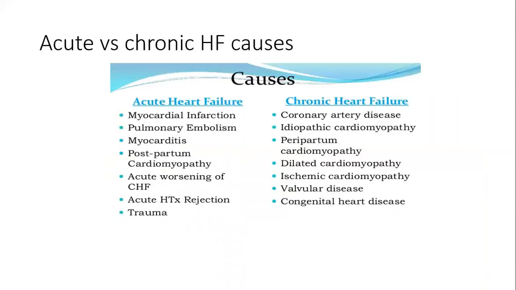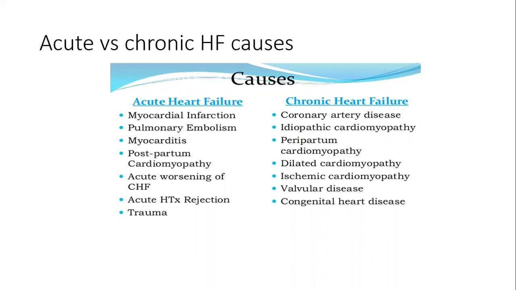needs 3 or 4 pillows in order to breathe at night. So the causes, comparing the two: in acute heart failure, some sort of acute event triggers it, like an MI, pulmonary embolism, myocarditis, some sort of infection, postpartum cardiomyopathy. There could be a sudden worsening of CHF, acute heart transplant rejection or trauma.